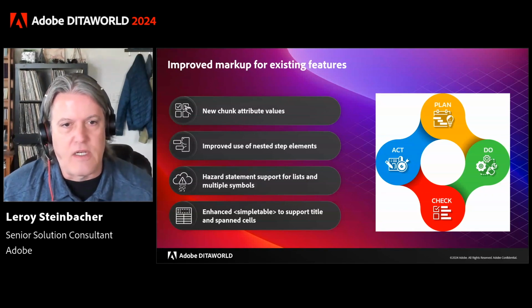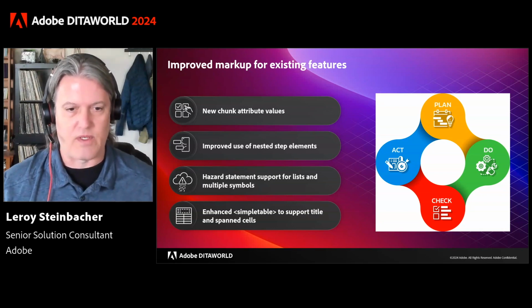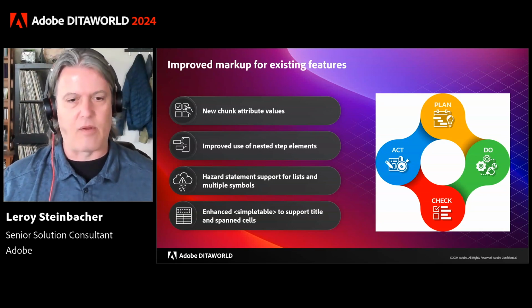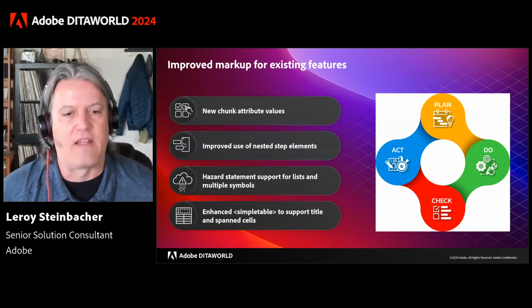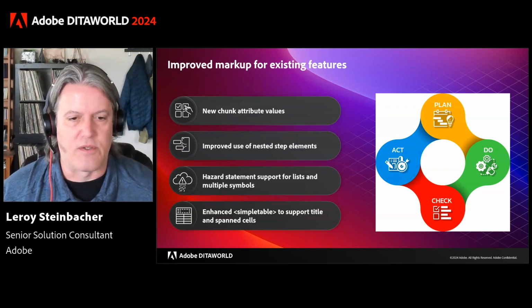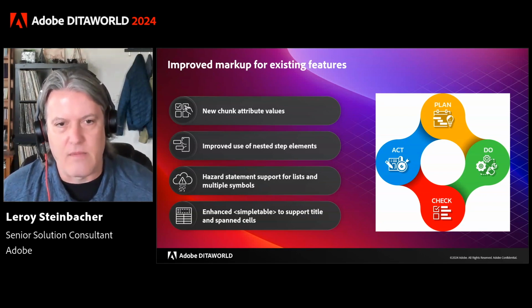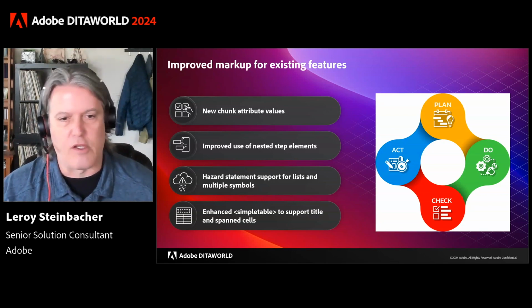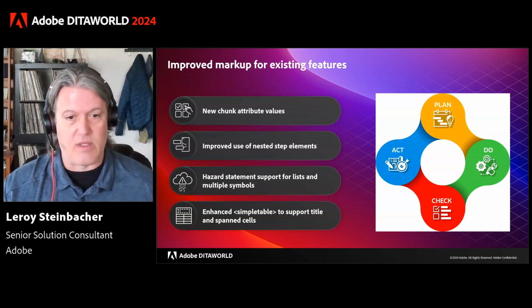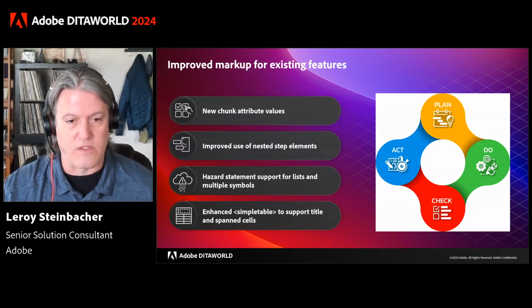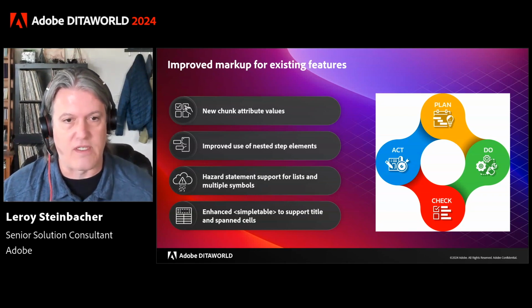And then finally, there are enhancements to the simple table element. Simple table was what it is: a very simple table. Now you're able to do a lot more with simple tables. Again, this is making it much more similar to HTML tables, where you can have a title, and you'll be able to have a header, which helps with accessibility, because the content in your header can be used to identify what's in the table.